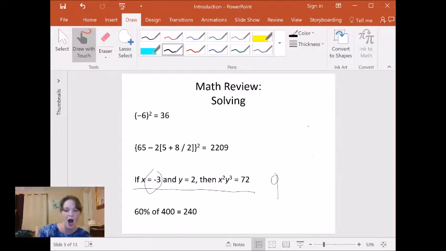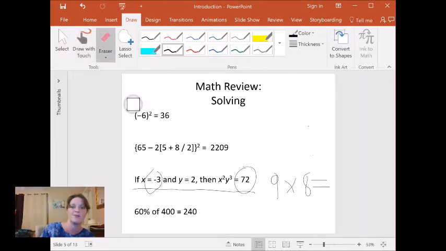Then y is 2, but order of operations says I have to take the exponent 3 of 2. So you take 2 times 2 times 2. 2 times 2 is 4, and 4 times 2 is 8. So you end up with 9 times 8, which is 72. Right?